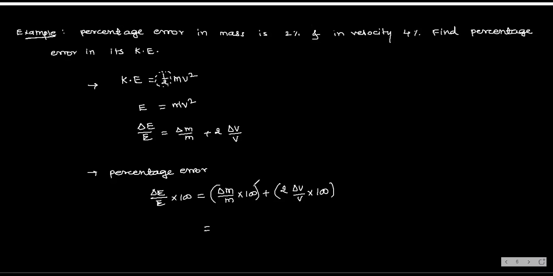Delta m by m into 100 means what? Percentage error in mass. How much is that? 2% plus this 2 as it is. Velocity how much? 4%. So this is 2% plus 2 4s are 8%. So how much you are getting? That is equal to 10%. This is the error in case of energy, and that is the function of power.